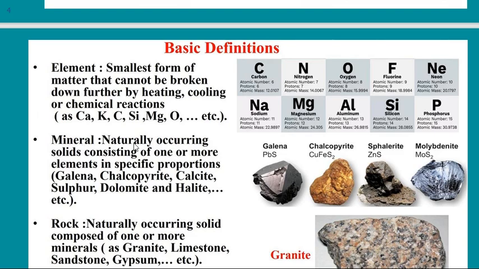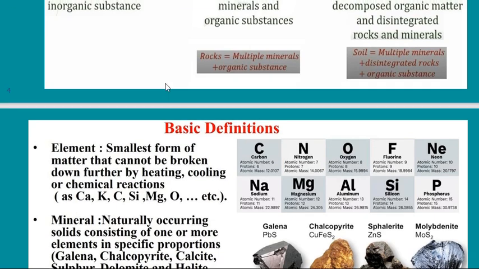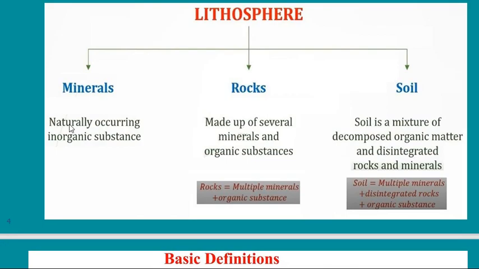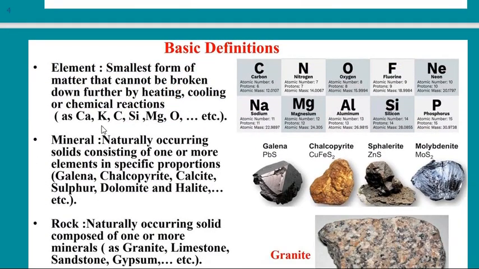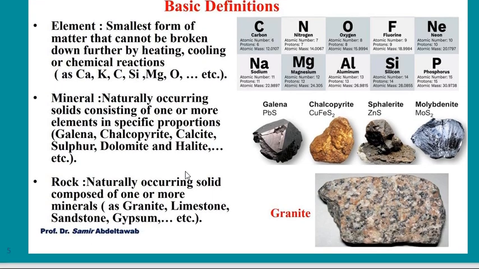So mineral, as we said before, is a naturally occurring inorganic substance. So this is the definition. Naturally occurring solids consisting of one or more elements in specific proportions. So a combination of elements gives me a mineral.